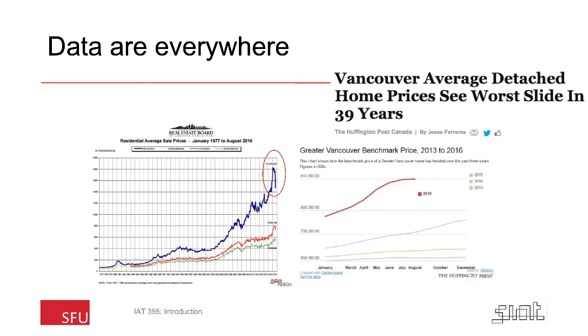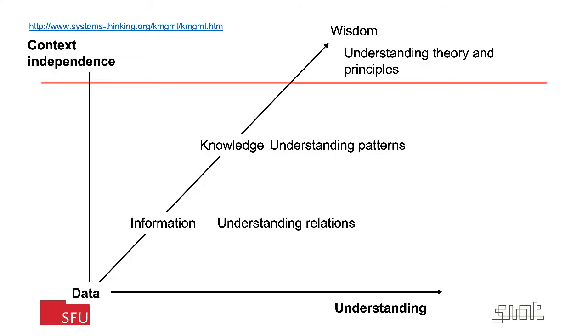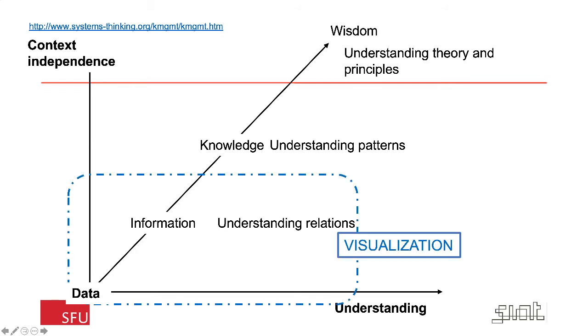Here is another way of viewing that, and that is smoothing that information much more significantly and making the situation seem significantly less dire than it is presented in the headline. So what we're interested in doing is taking data that you see over here in the bottom left and using, at first, visualization tools to transform that into information that we can use to understand relationships among the data in the data set.